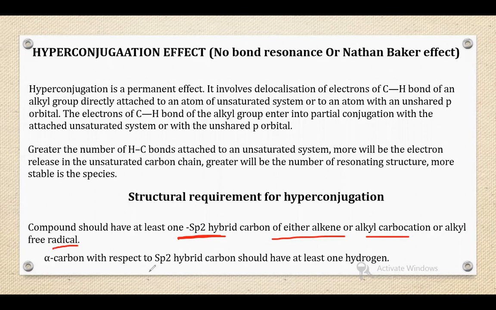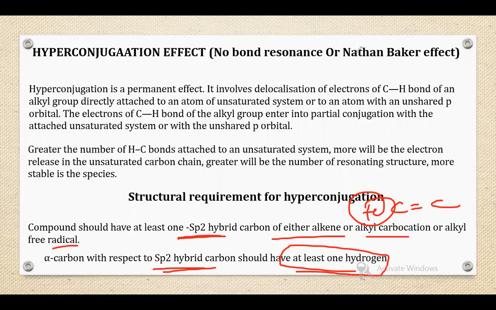The alpha carbon with respect to the sp2 hybrid carbon should have at least one hydrogen. The replacement has to be possible, otherwise there is no hyperconjugation.